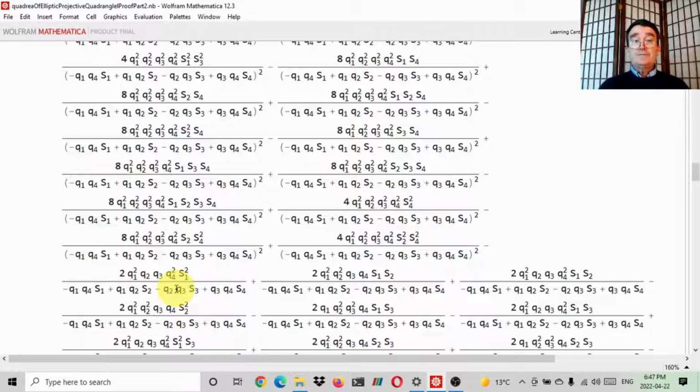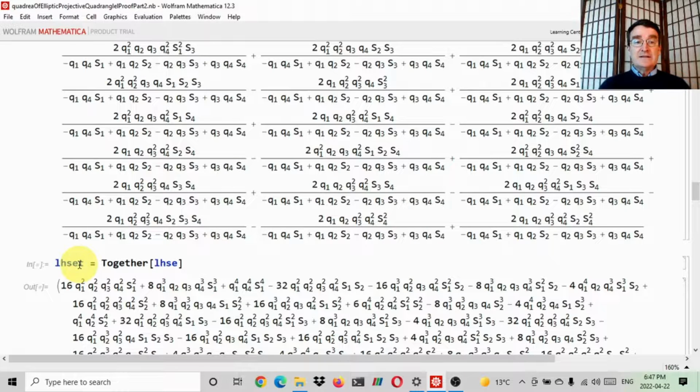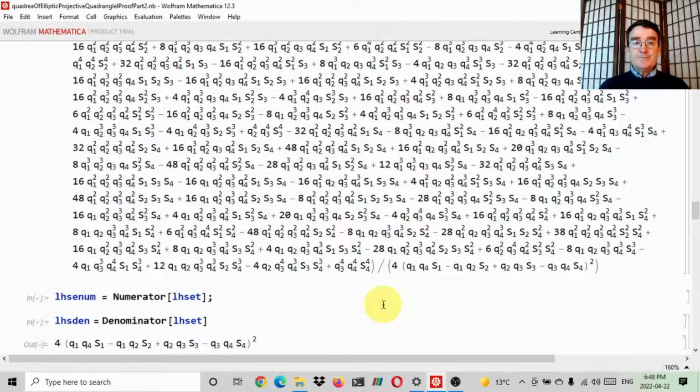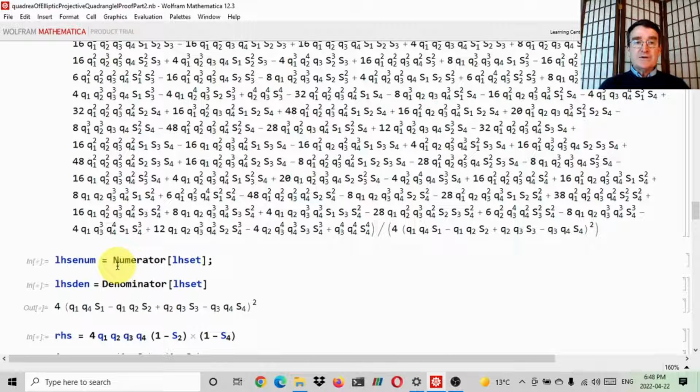So it's left-hand side expanded together, and that will put it over a common denominator. So this is what we get when we call the function together on left-hand side expanded, and we get this common denominator down here, divided by this. Here's the common denominator. So the numerator of the expression up here we're going to call left-hand side enum.